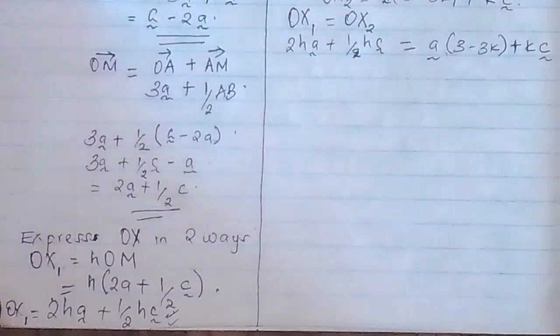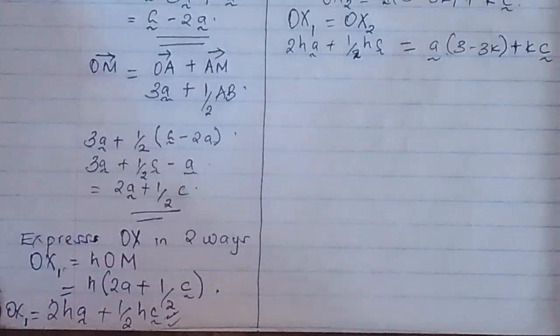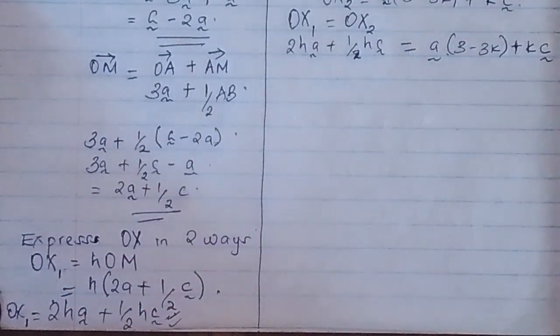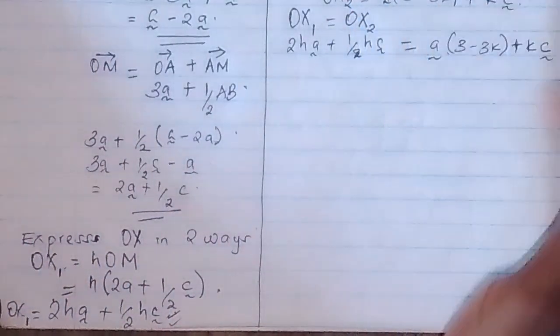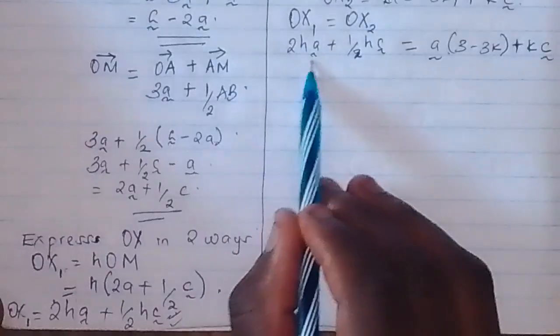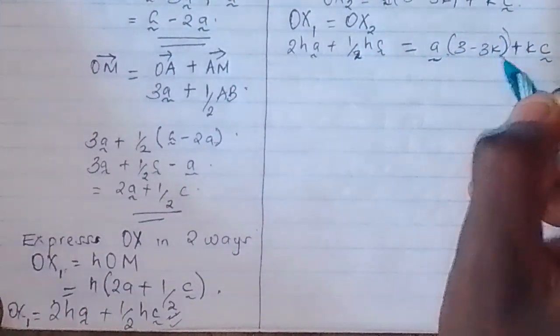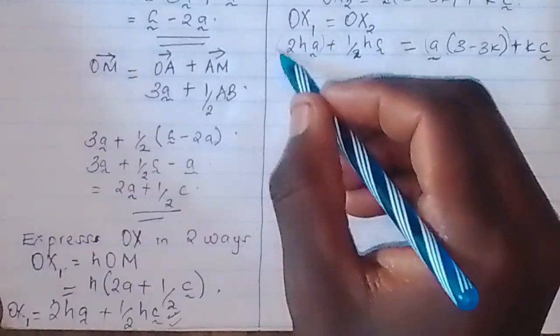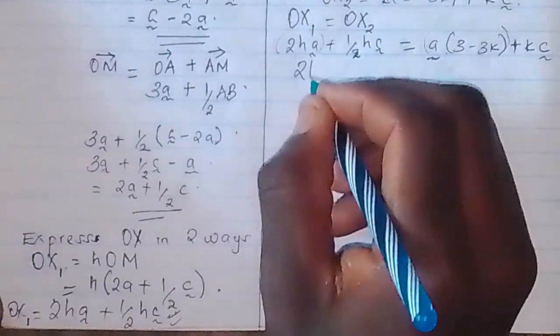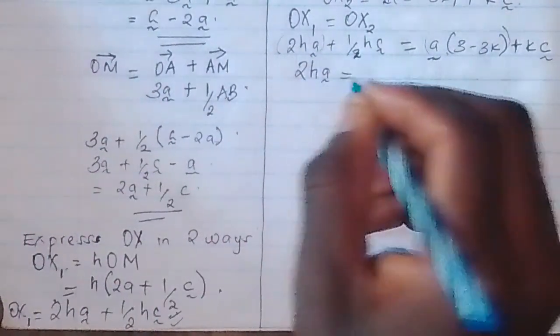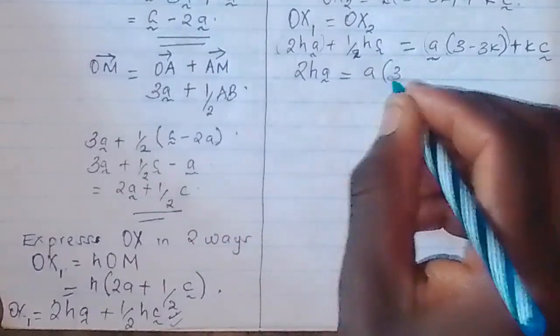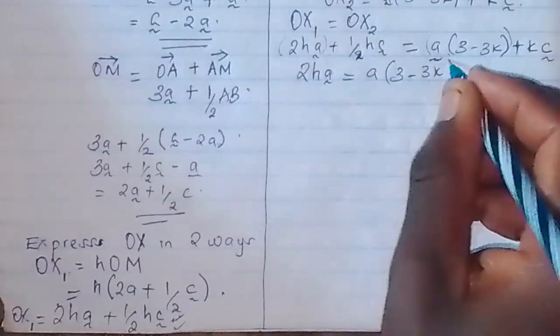Okay, now sticking to the rule of picking what is alike, leaving what is not alike. This is a, this is a, so 2ha is equal to a into 3 minus 3k.